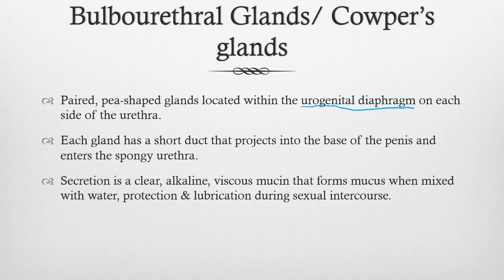These are going to secrete a clear, alkaline, slippery type of secretion. This is going to be released all throughout intercourse, before actual ejaculation occurs, and that's going to allow for the cleansing of the urethra before the sperm enter into it.